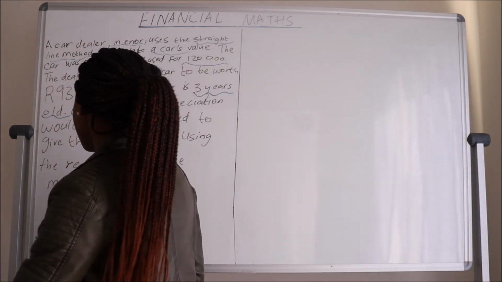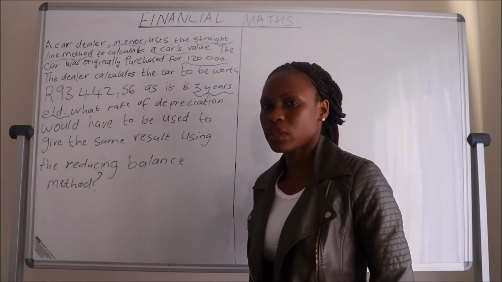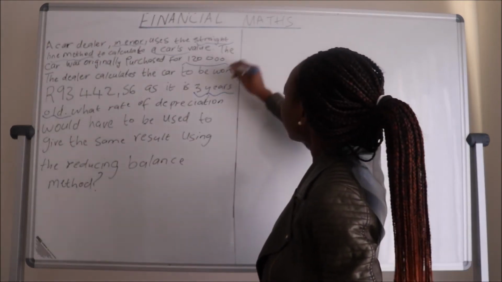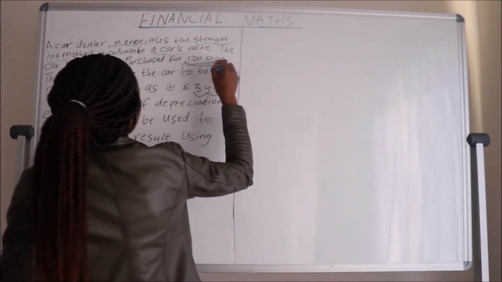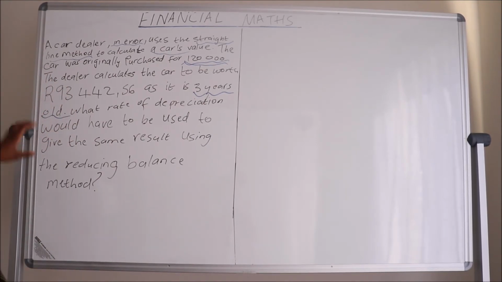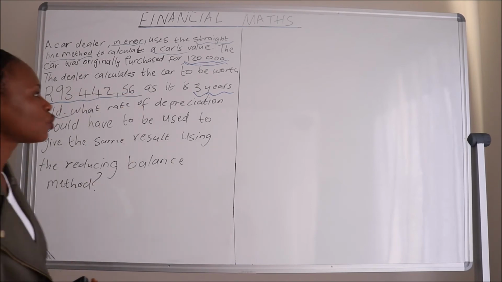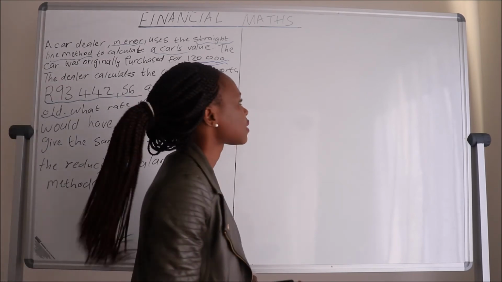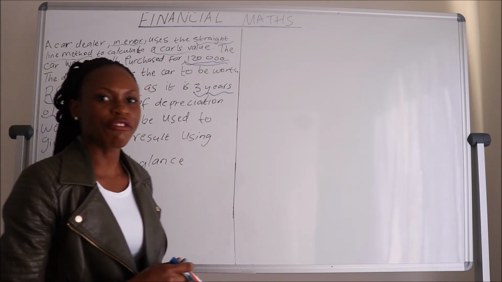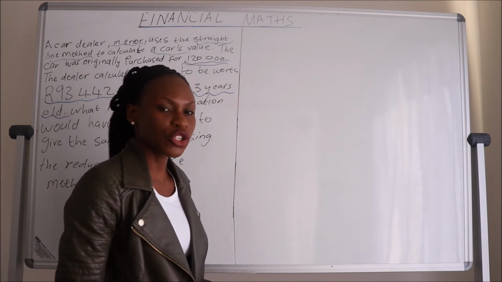The reducing balance method is the compound method that we are doing in this lesson. Here we have the original amount, P, equal to 120,000. After 3 years, this car will be worth 93,442.56. So we have A, we have P, we have n, which is the number of years. What we need to find is i, the interest rate which was used.